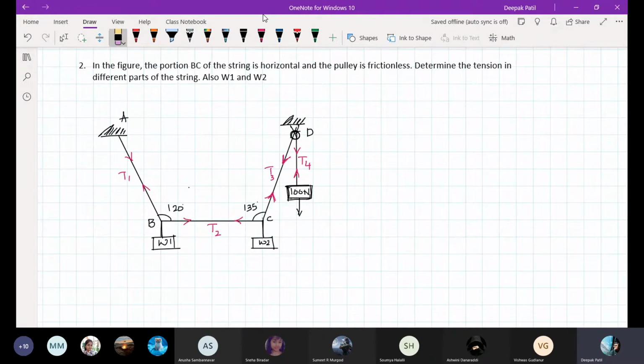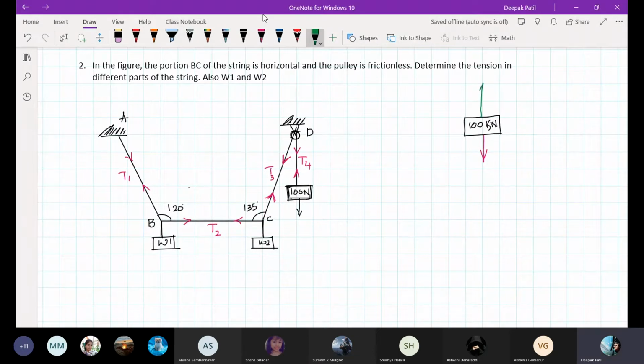So I will mark that 100 kilonewton here. This is my 100 kilonewton weight. This load is actually acting downwards, and there is a string which is attached.